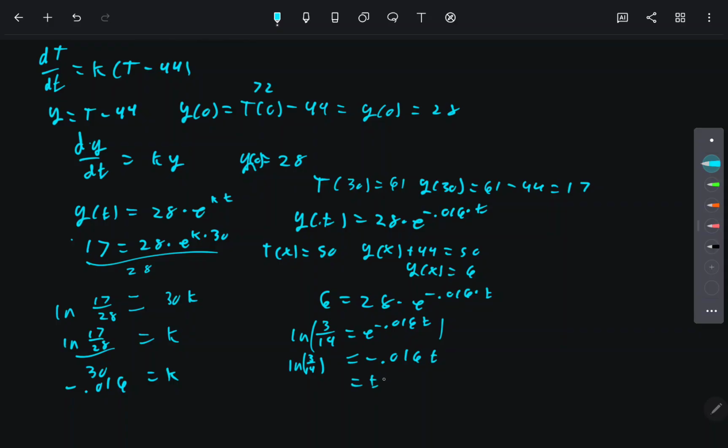Finally, divide the 0.016 over to the other side, and we get the natural log of 3 over 14 divided by negative 0.016, and the time for it to get to 50 degrees is 96 minutes and 28 seconds, or like 98 minutes, 0.28. Alright, and that's our answer.